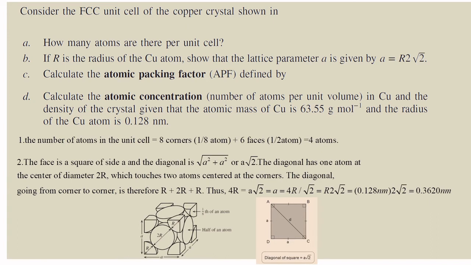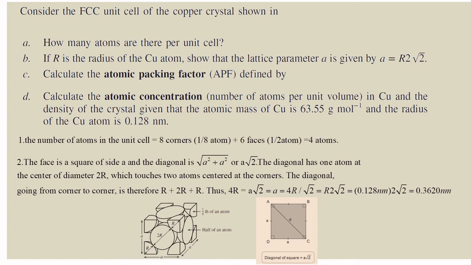So first we want to find how many atoms there are per unit cell. If you take a face-centered cube, you will have 8 atoms at the corners, each shared by 1 by 8, and 6 faces.